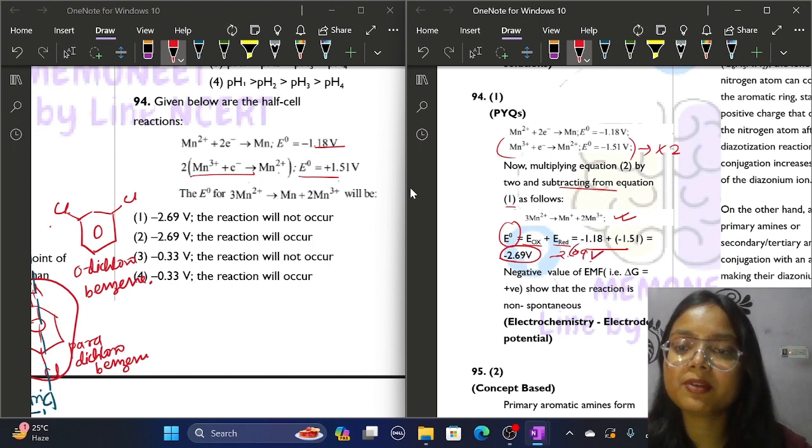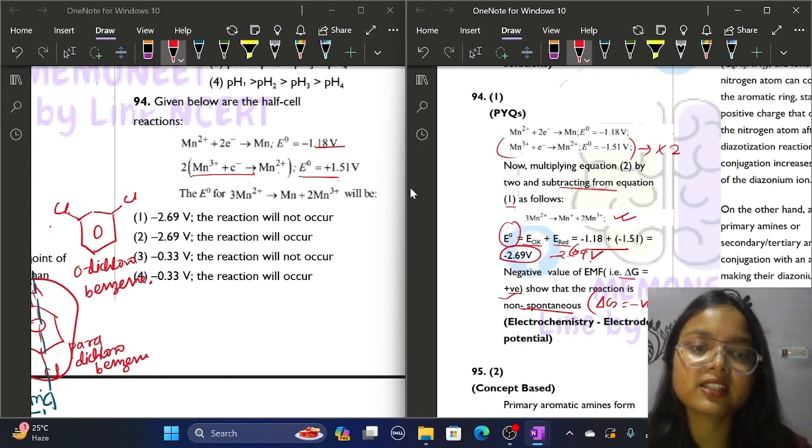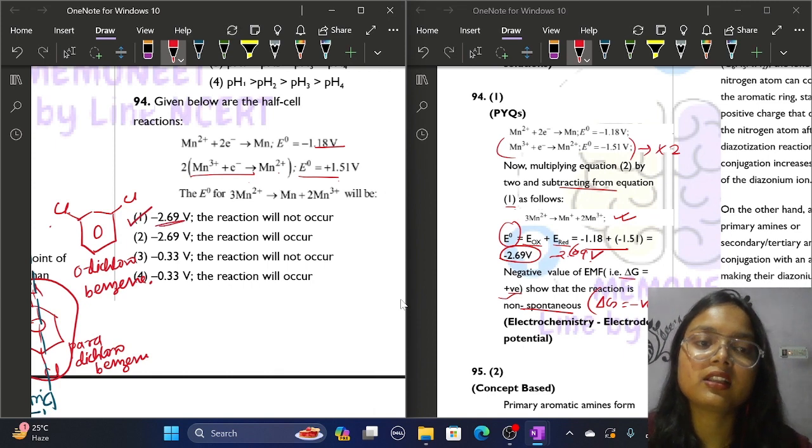A negative value of EMF means that delta G is positive and shows that the reaction is non-spontaneous. For a reaction to be spontaneous, delta G has to be negative, but in this case it is positive, so this is a non-spontaneous reaction, which means that the reaction will not occur. So option 1 is the correct one. Minus 2.69 is the value of E naught, and the reaction will not occur as delta G is positive.